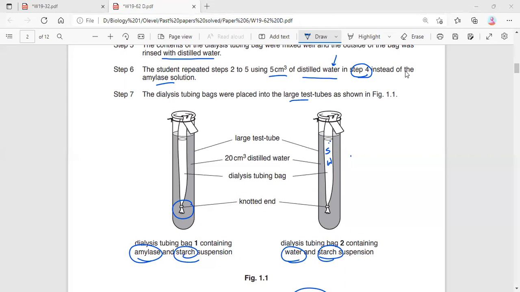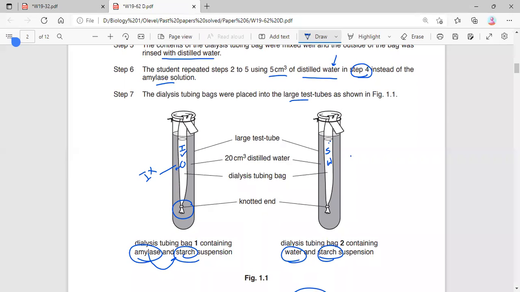In the first test tube, there is enzyme with the starch. Firstly, if you did the iodine test inside the dialysis bag, you will find starch because you already put starch inside. If I did the iodine test to the water outside, am I going to find starch? No. Why? Because the starch is a big molecule. It cannot diffuse out.